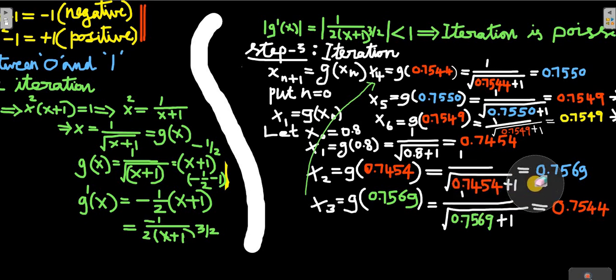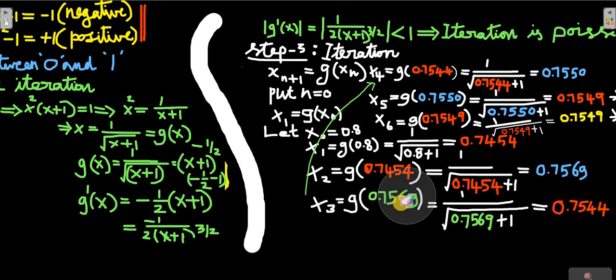If we simplify this, it comes to 0.7569. Now if we put 0.7569 into g, we get the third approximation. The third approximation x3 equals g of x2. What is x2? x2 is 0.7569.